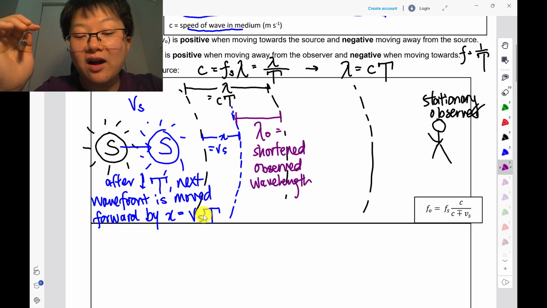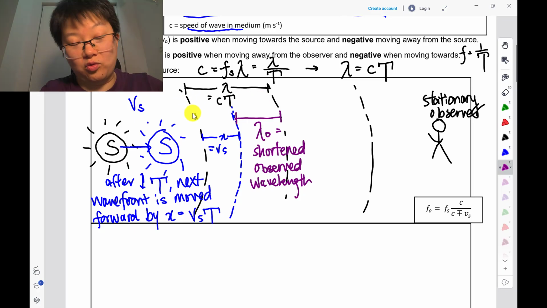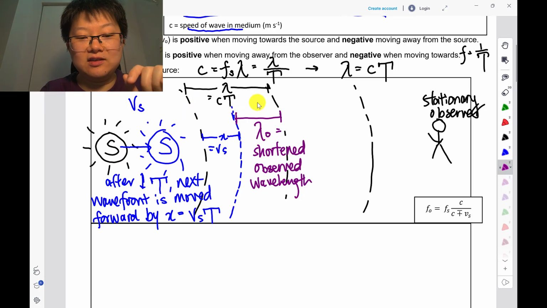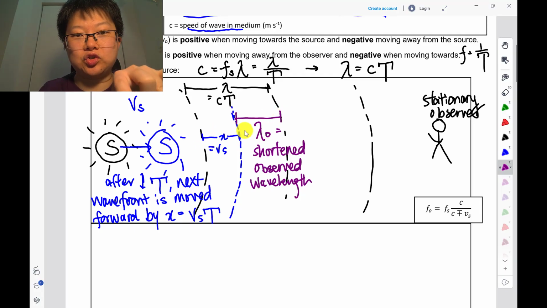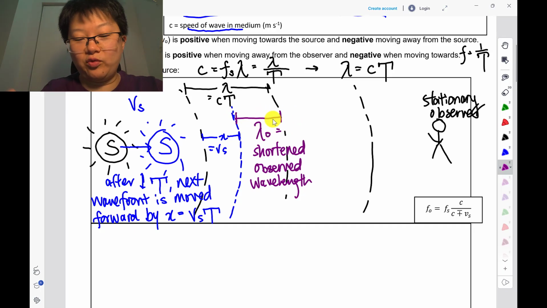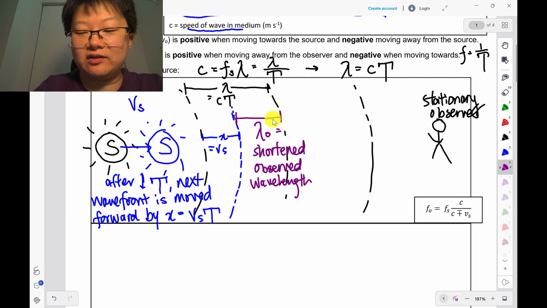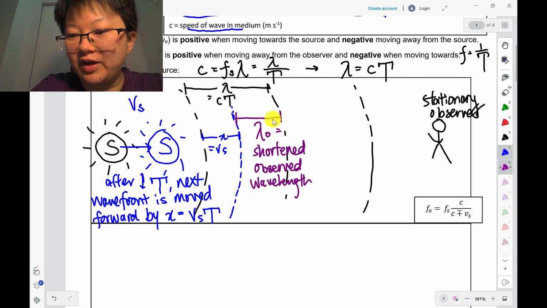Now we see that this entire distance, the full original wavelength, is made up of this extra distance traveled by the wavefront and the shortened observed wavelength. So if I write this together, I get the observed wavelength.